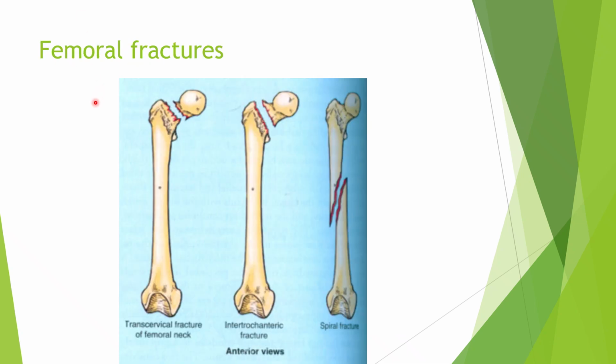Next, we shall discuss about the femoral fractures. In this picture, you can see the fracture of the neck of the femur. It's called as transcervical fracture. This is at the intertrochanteric area, fracture at the intertrochanteric area, and this is the fracture at the spiral line.